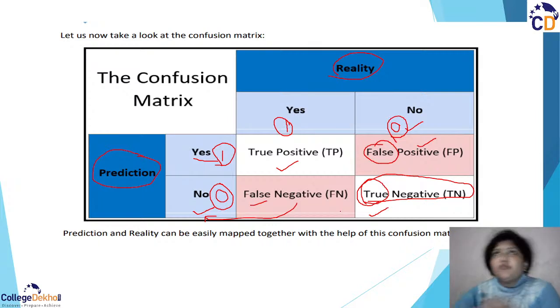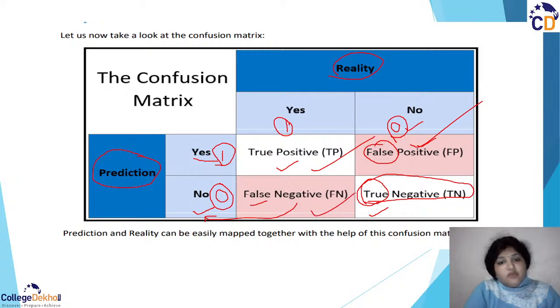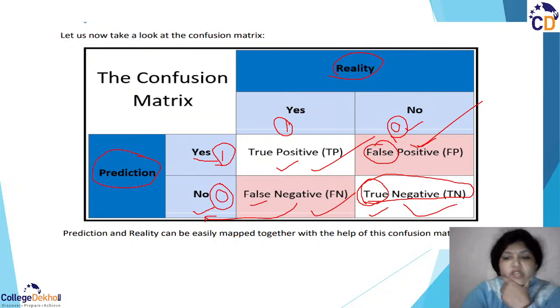Basically, in the confusion matrix we are not having any evaluation. It is just a recording of results. How many cases come under true positive? How many cases come under false positive? How many cases come under false negative? How many cases come under true negative? This is how we have the confusion matrix in our program.